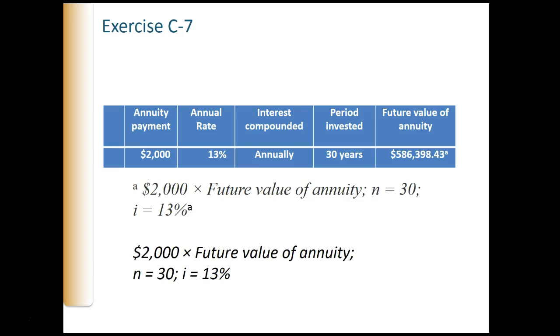The compounded interest is annually over 30 years. So we are going to look at Table 3, the future value of an annuity, where N is 30, I is 13. That future value would calculate to be $586,398.43.